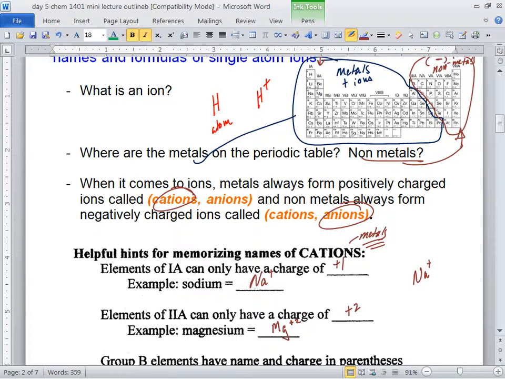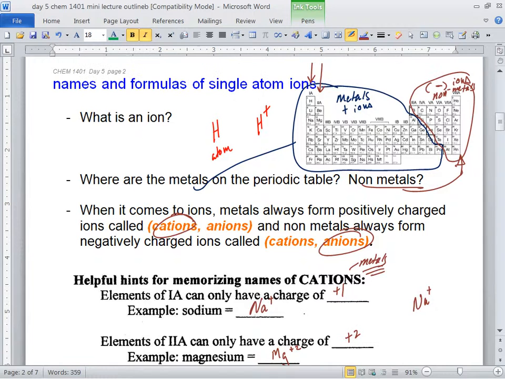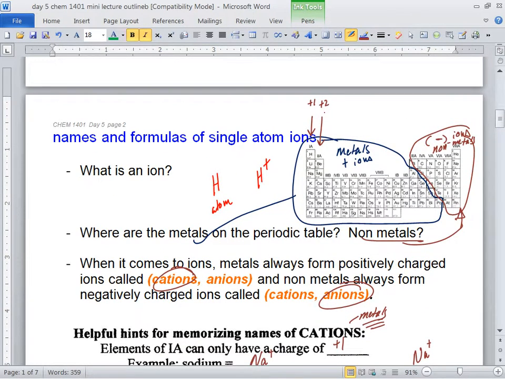The reason is that the charge has no choice. Group 1 has to be +1, and group 2 has to be +2. No choice, so the atom name is the same as the cation name. Not so for every other single metal.